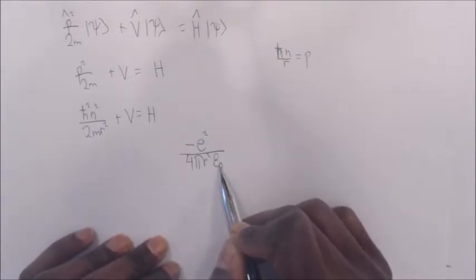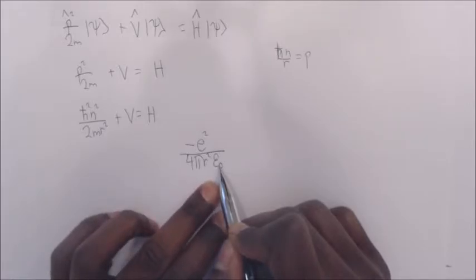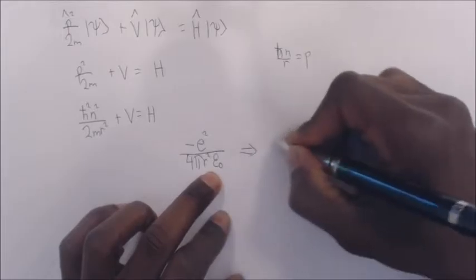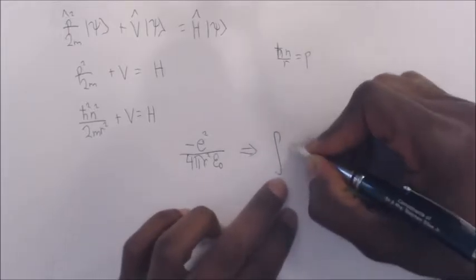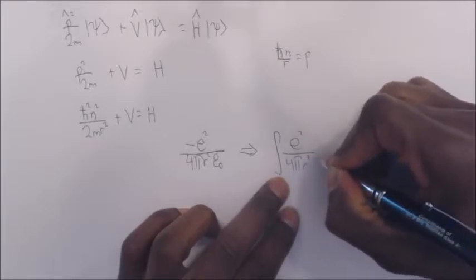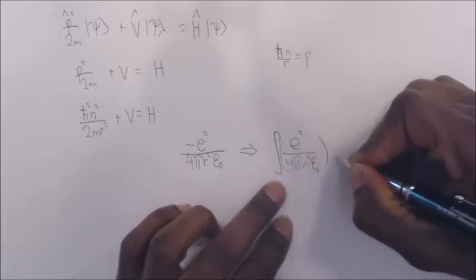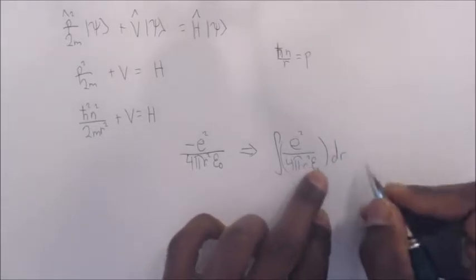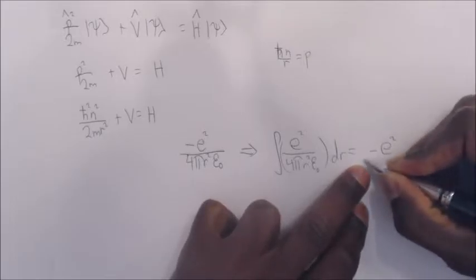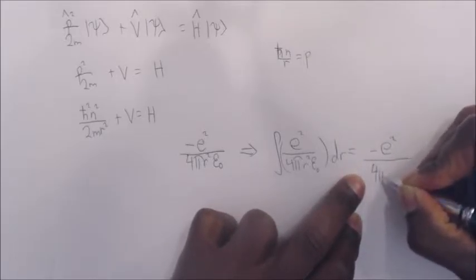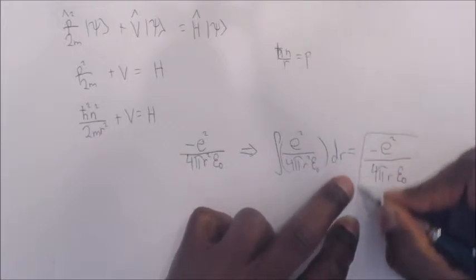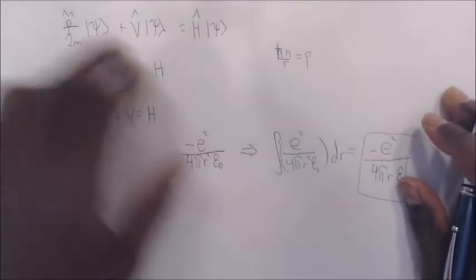So if we take the negative of this and integrate it with respect to dr, we will get e squared over 4 pi r squared epsilon sub 0 dr, and if we integrate that, we will get minus e squared over 4 pi r epsilon sub 0, and this is the potential energy.